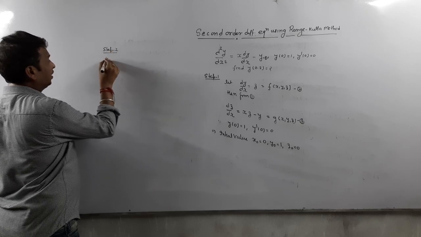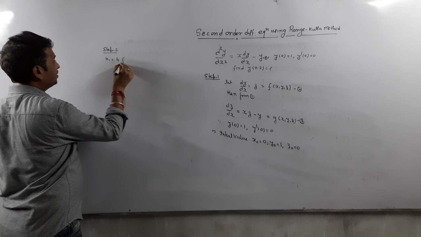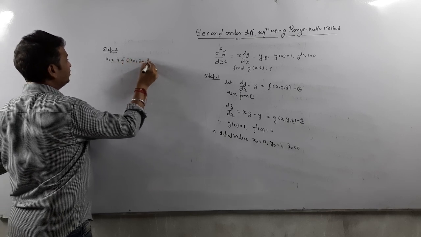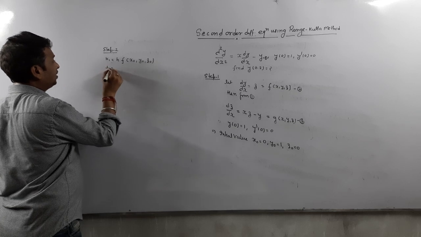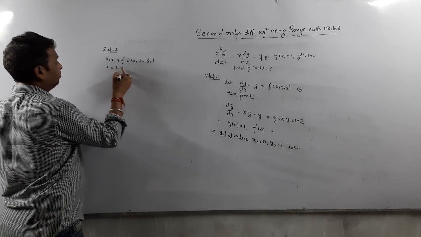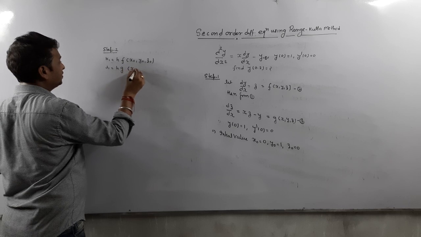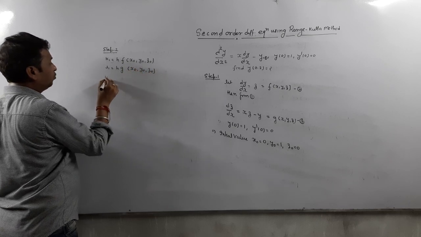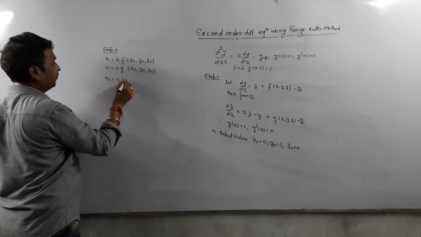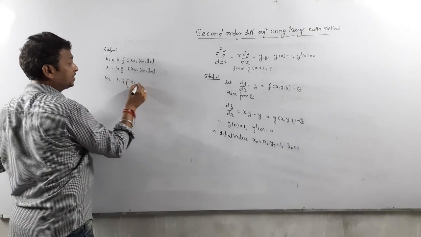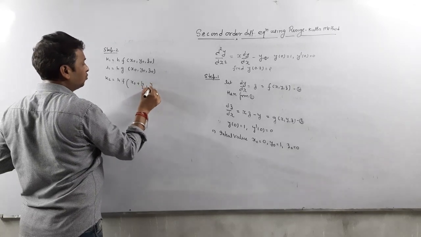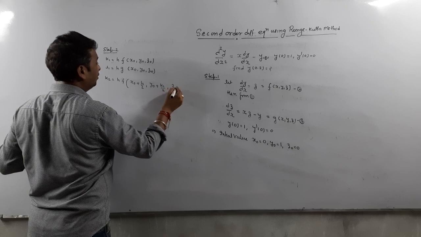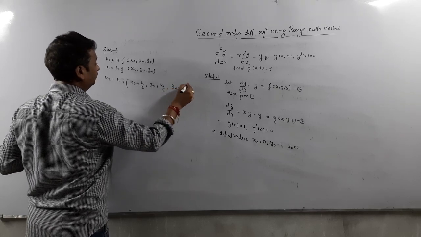Calculate k1. What is k1? h times the function f at x0, y0, z0. Then calculate L1. Just in place of f, put g. Then calculate k2: h f at x0 + h/2, y0 + k1/2, z0 + L1/2.